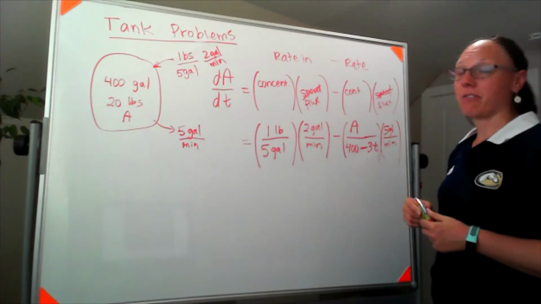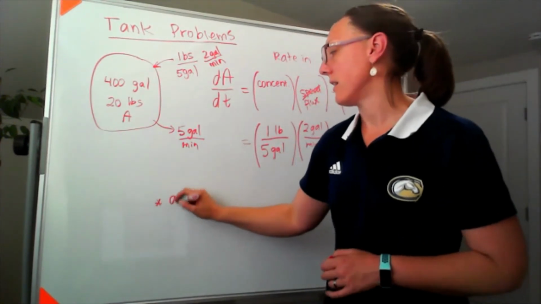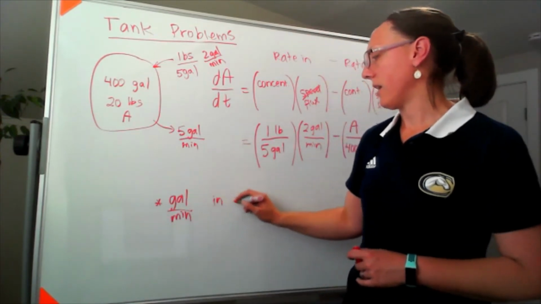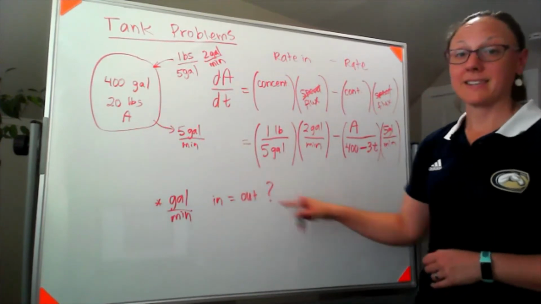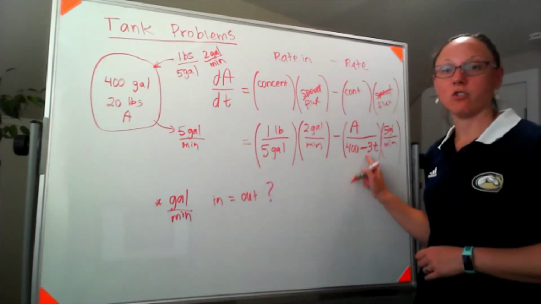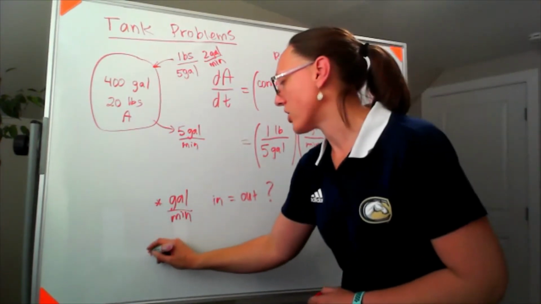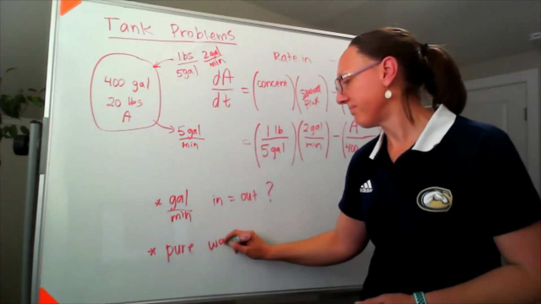So things to be careful of for tank problems. We want to check, is the gallons per minute in equal to out? Because that's going to determine whether we have to do something to adjust for the volume in the tank. The other thing that we want to watch out for are statements about like pure water.